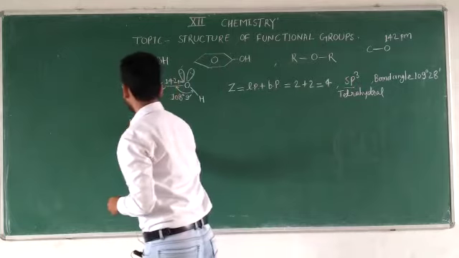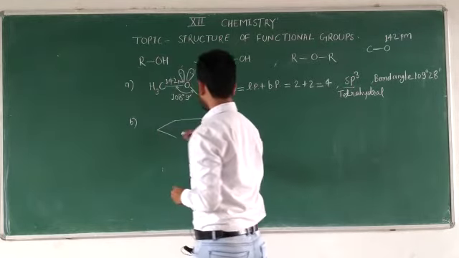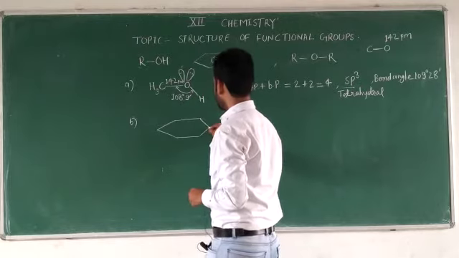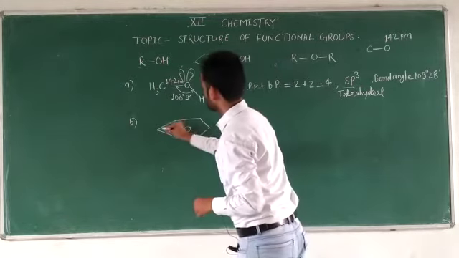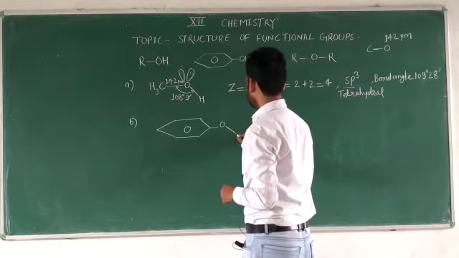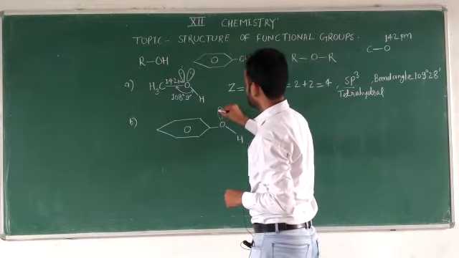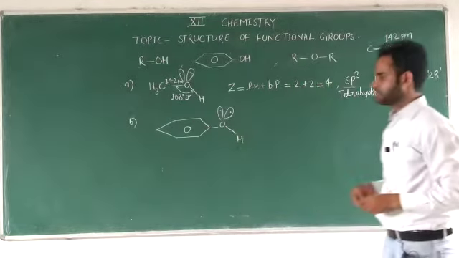Now let's talk about the phenol. So phenol's structure is like this. It has a bulky group, that is benzene, and this is oxygen here, and this is hydrogen. It has 2 lone pairs here.